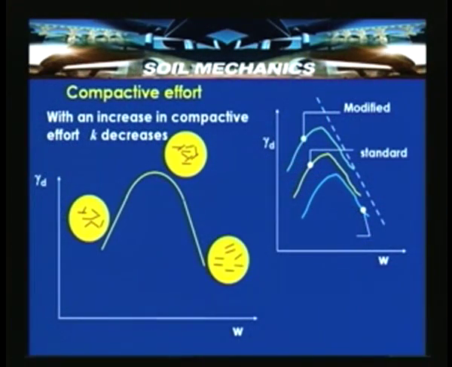Similarly, another factor which is required to be discussed is the compactive effort. In granular or sandy soils, it can be loose compaction or dense compaction. In clay soils, as we have already studied, it can be reduced compaction, standard Proctor compaction, or modified Proctor compaction.